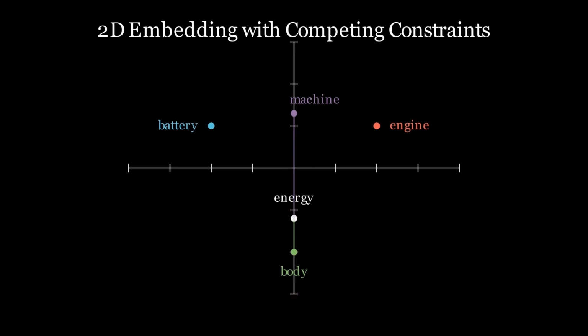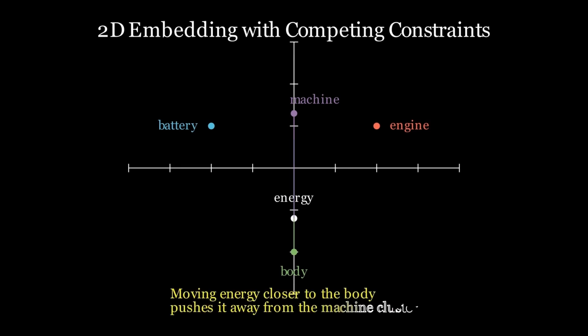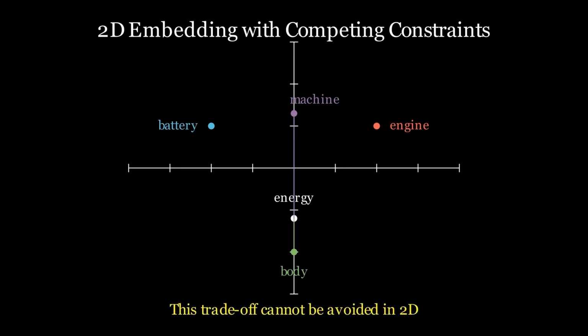Moving machine closer to battery and engine pushes it closer to energy. Even for this small sentence, we are unable to perfectly arrange the words in 2 dimensions. Now imagine a real prompt with hundreds of words and many overlapping meanings. This is why embeddings need higher dimensions.